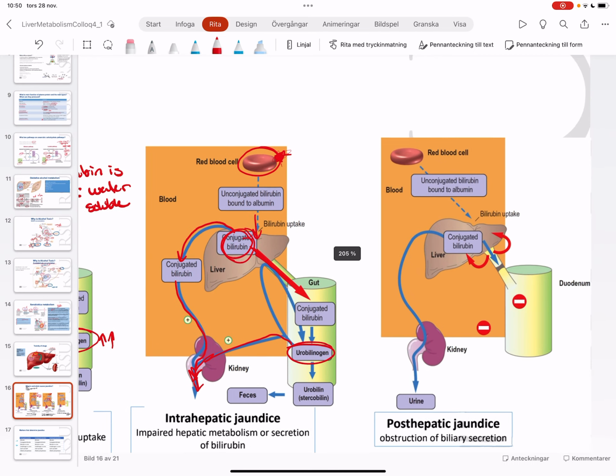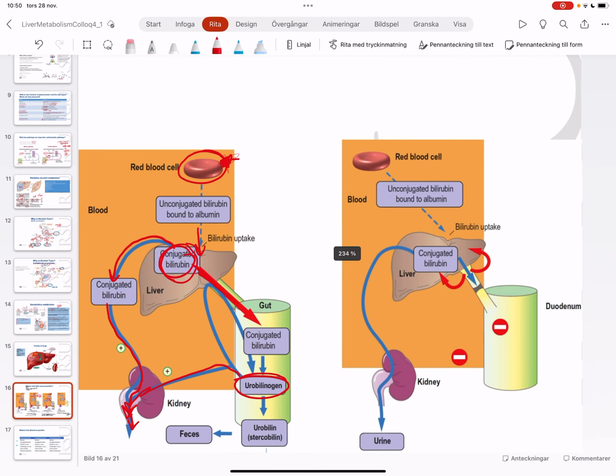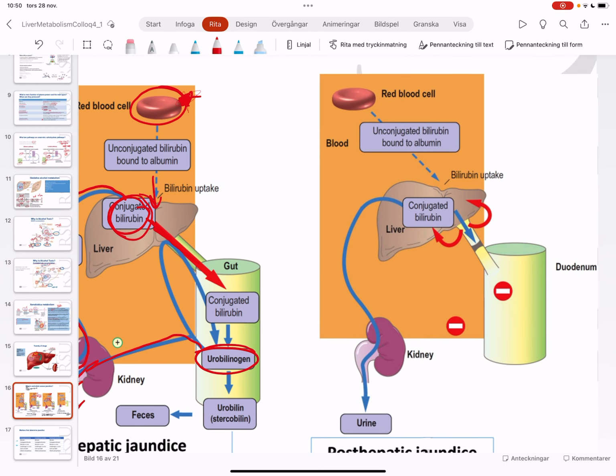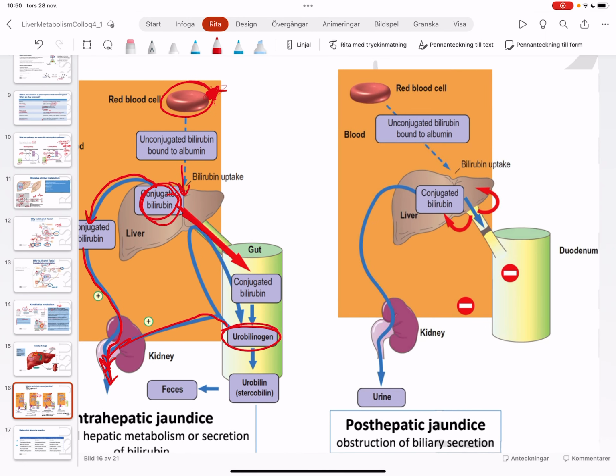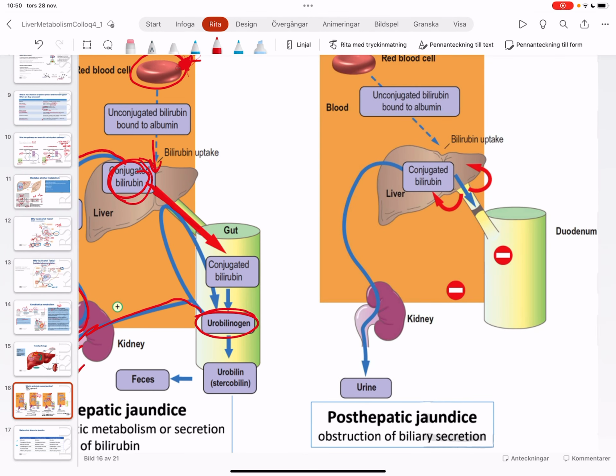The last type is post-hepatic jaundice, in which the bile duct is completely obstructed, so the conjugated bilirubin and the bile acid do not reach the intestines. Therefore, there will be a lot of conjugated bilirubin in the liver, and a lot of it will go out through the blood to the kidneys and then out through the urine.